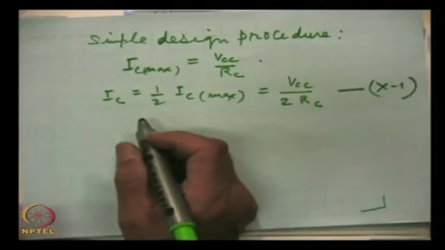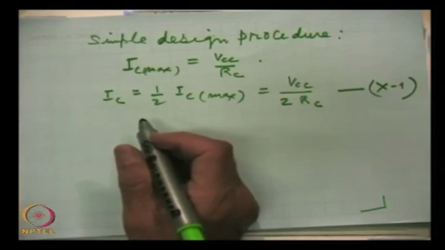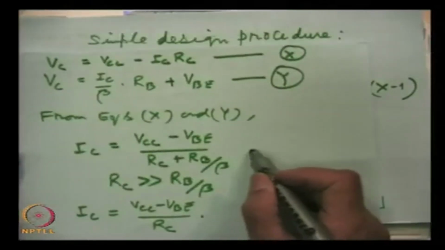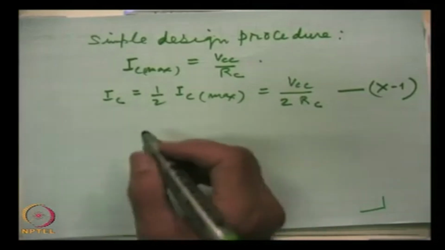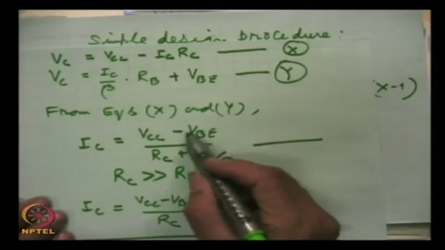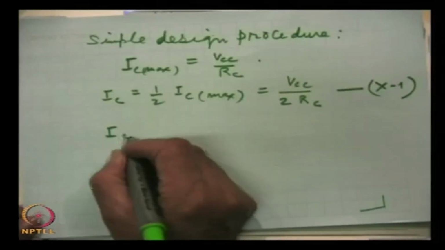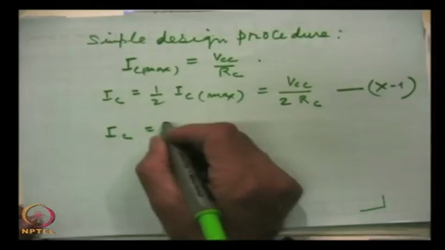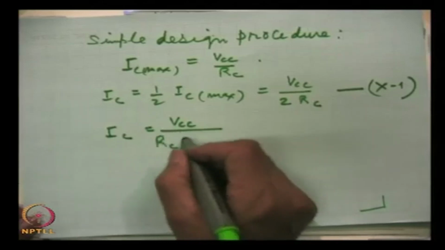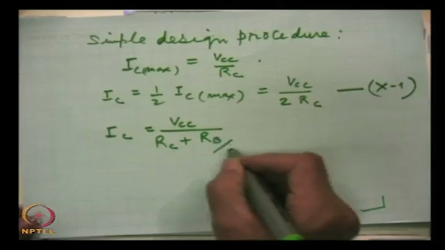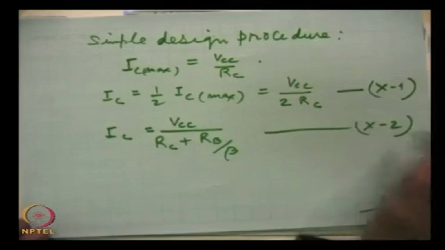And the equation which we have talked about here, if we neglect this small voltage, then this equation becomes IC is VCC by RC plus RB by beta, let us call it x 2.